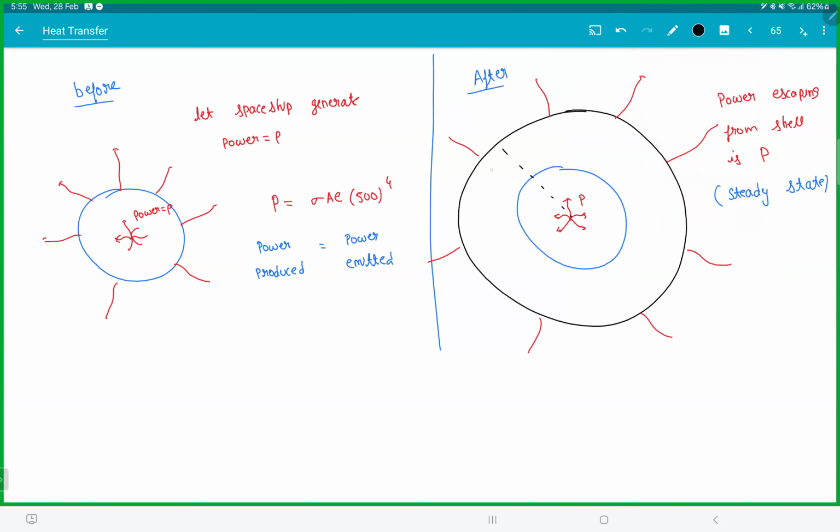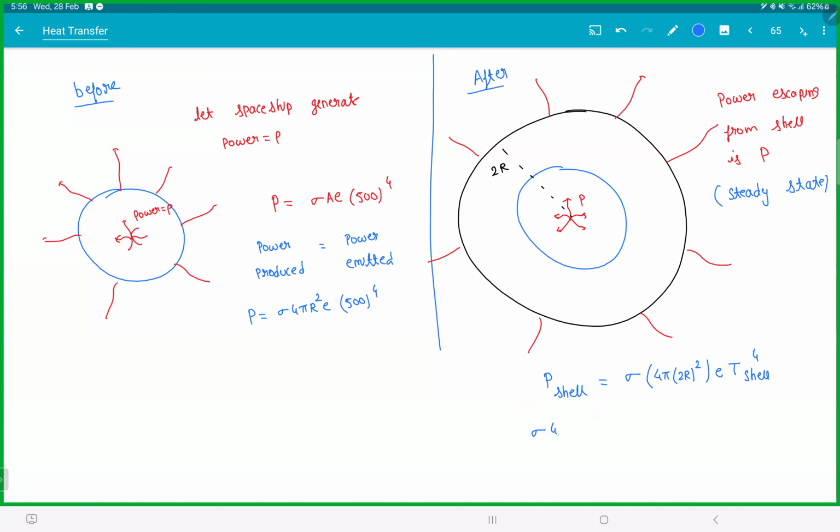Meaning the power emitted P from the shell is sigma, area will be 4 pi (2R) whole square, E, T shell power 4. And here P is nothing but sigma 4 pi R square E 500 power 4. So power of the shell is nothing but P only.